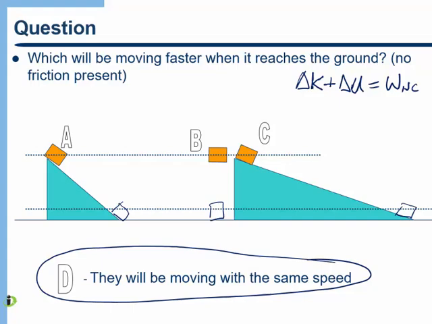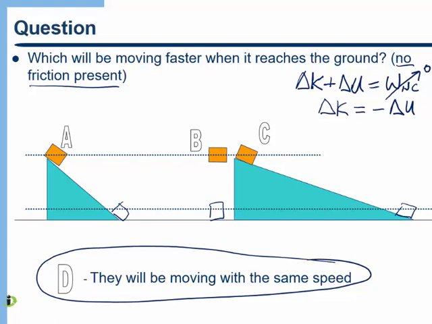And now, because there's no friction present and there are no applied forces, the work done by non-conservative forces is 0. So what does that tell me? It tells me that the kinetic energy gained is just equal to the potential energy lost. But what is the potential energy lost?